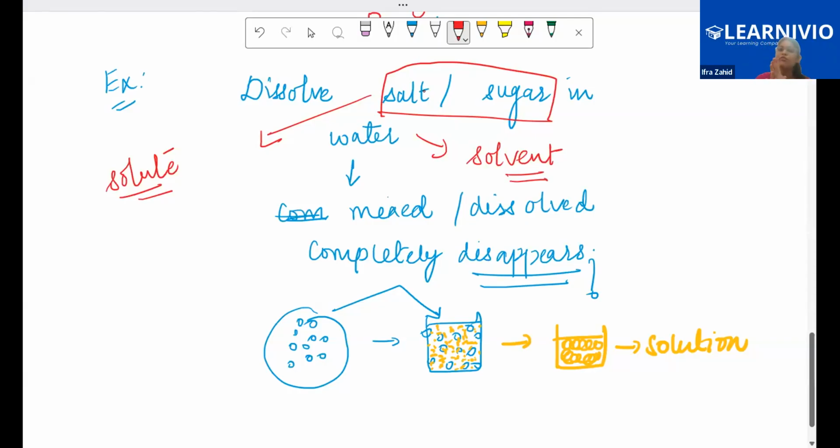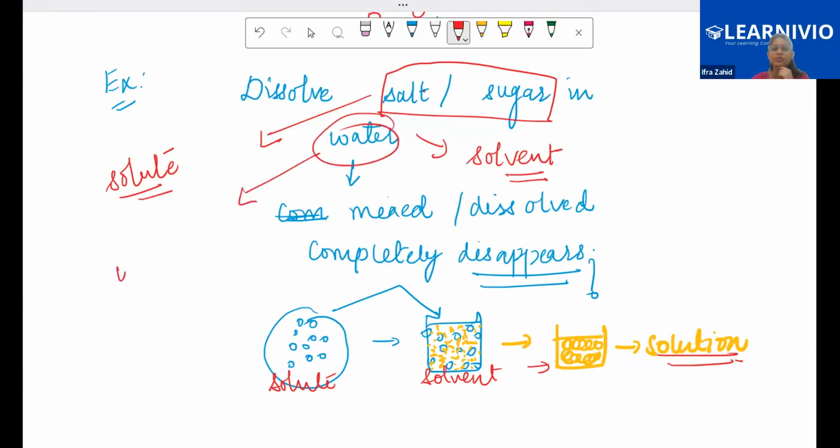And the mix of both solute and solvent is considered a solution. Is it clear what is a solute, what is a solvent, what is a solution? Water is also considered a universal solvent because it is used to dissolve almost everything. It dissolves almost every solute. Okay?